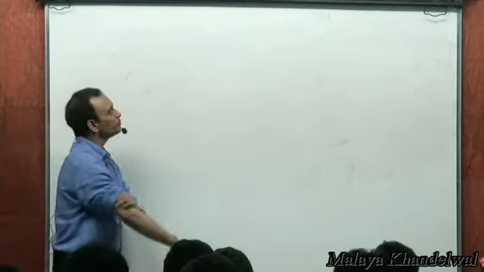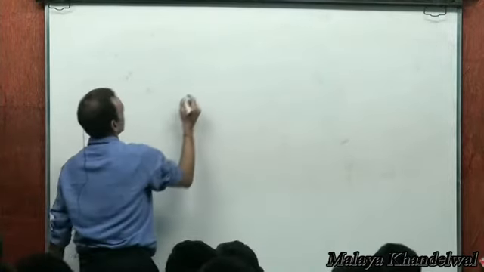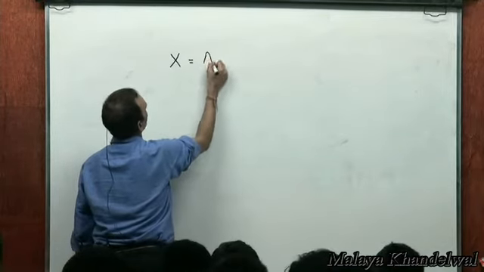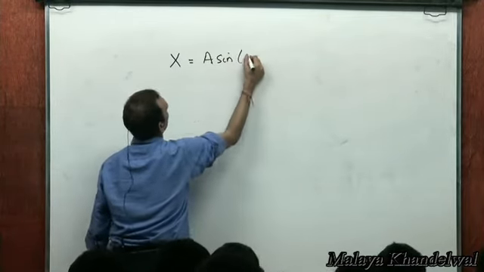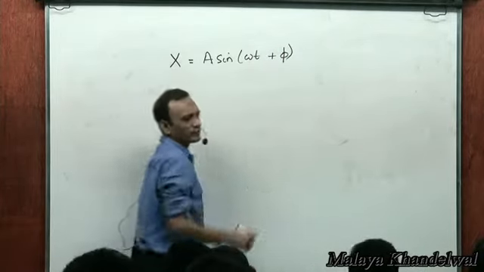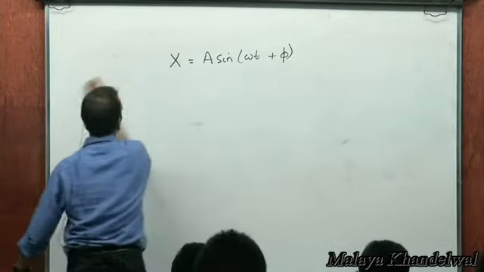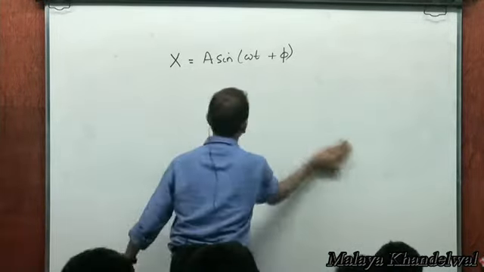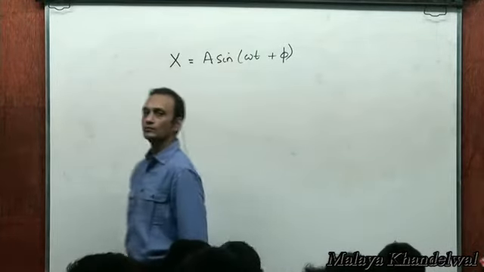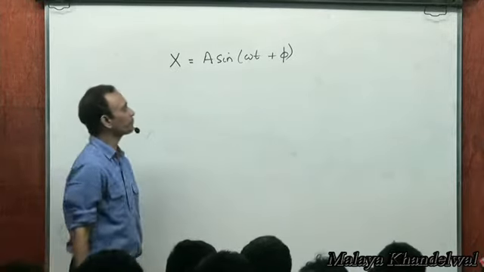Now, x is a sine omega t plus phi. Okay. x is a sine omega t plus phi.